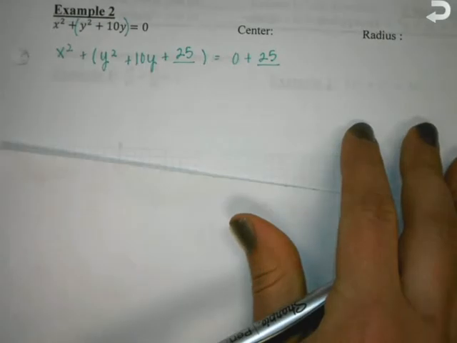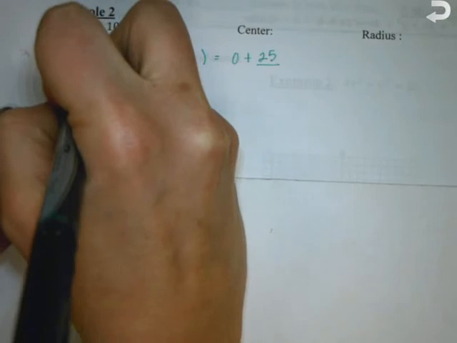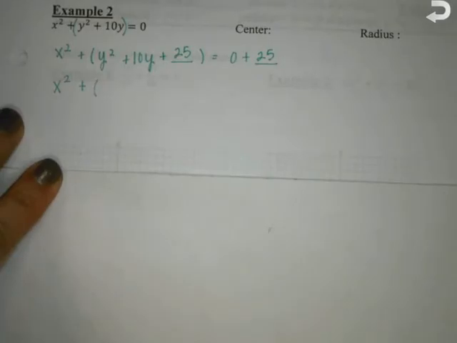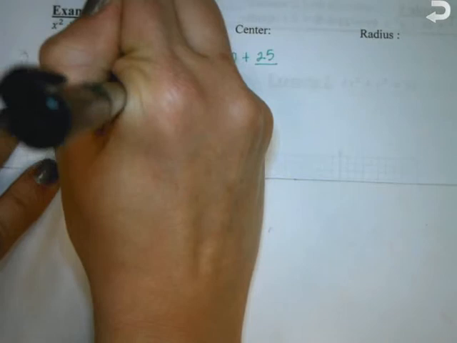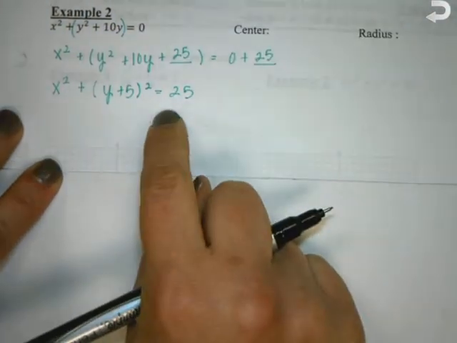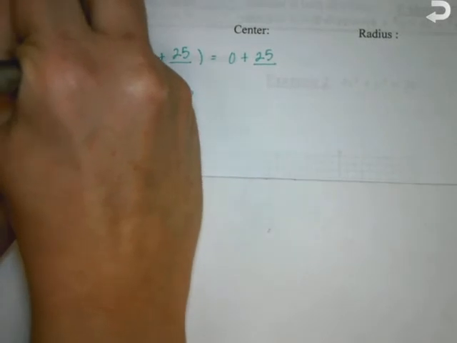Okay, so this is going to be x squared plus, how does that guy factor? y plus 5 squared equals 25. Is this descriptive form of a circle? It is. So we want to use this equation to find our center.